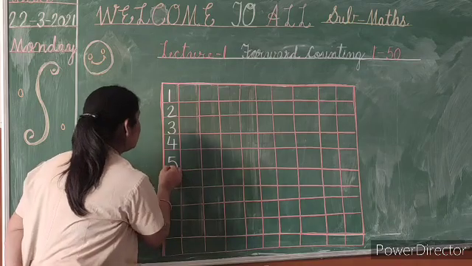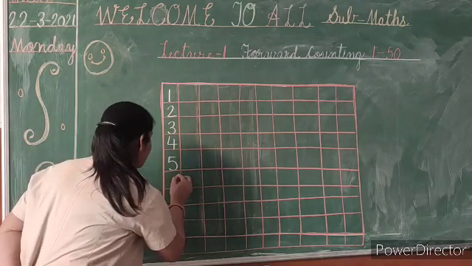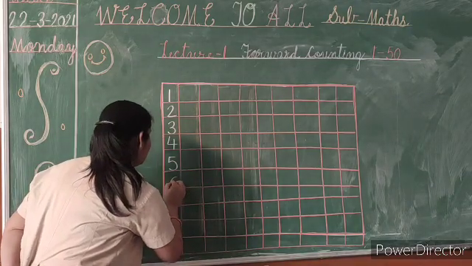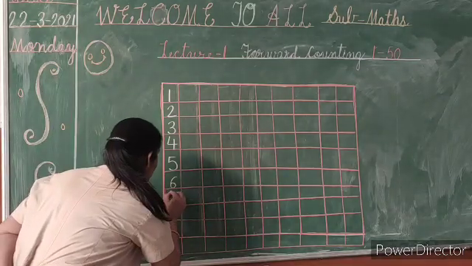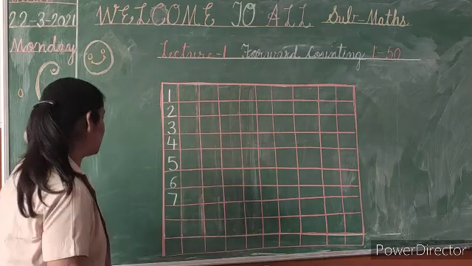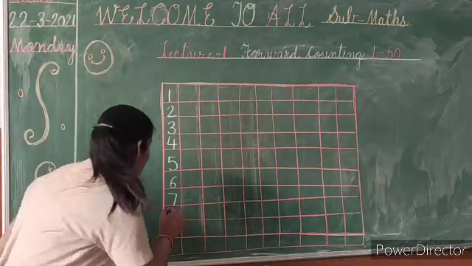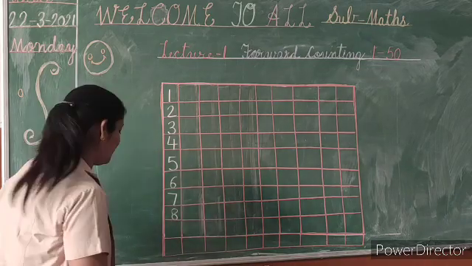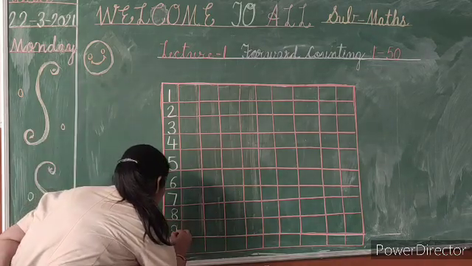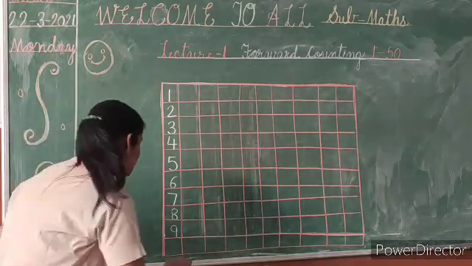After 5 what will come? 6. After 6 what will come? 7. Very good. Then after 8, then 9. Then after 10.